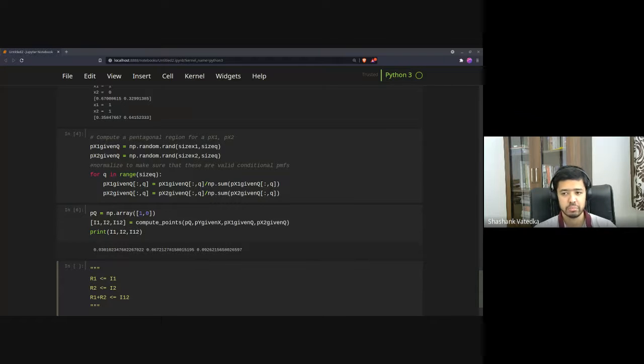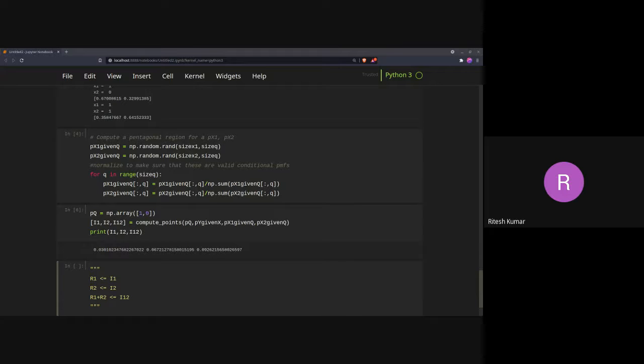Do you really need 5 points to describe the pentagon? You already know what some of the points are going to be, right? So okay, let's say 5 points. I know I1, I2, and I12. What are the 5 points going to be? Two corner points we need to know. Correct.